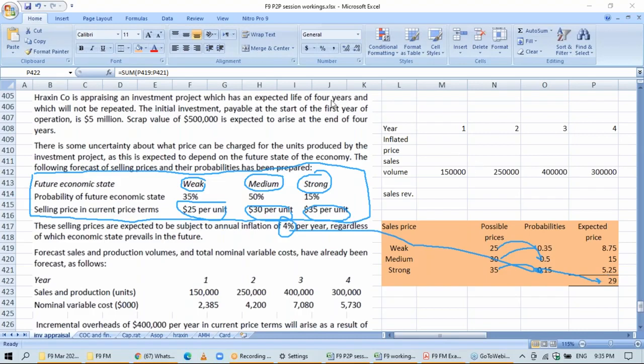So this price of 29, which is today's price, is going to rise by 4%. So increase it by 4%, 29 into 1.04, and you get 30.16. Then in the second year, you get 31.37. In the third year, you get 32.62. And in the fourth year, you get 33.93.